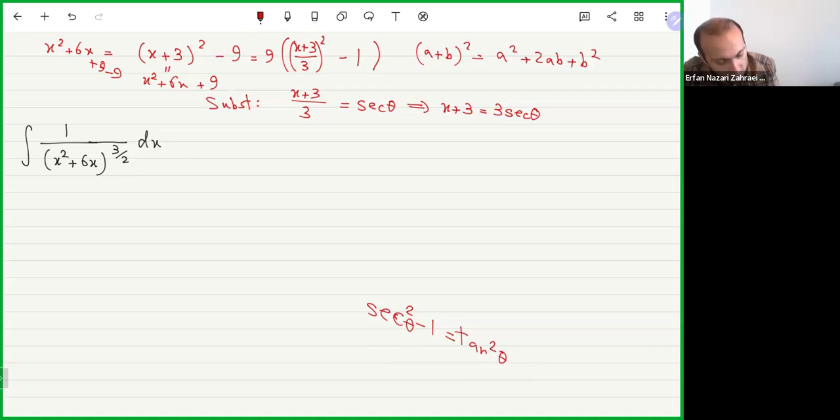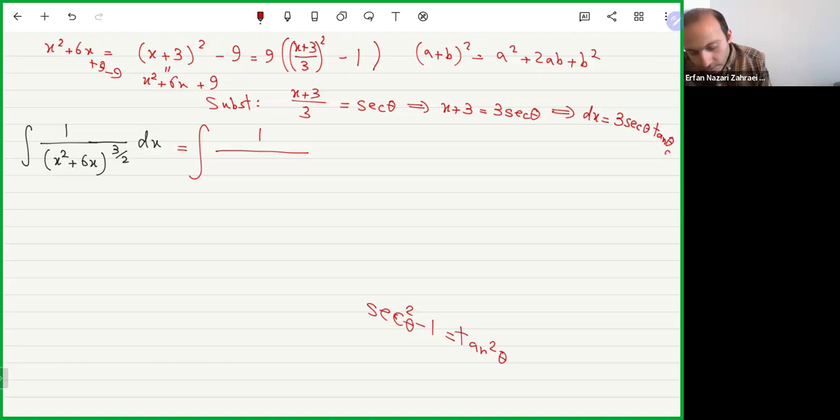Let's do this substitution. So I get first dx. If I take the derivative from this equation, or take the differential from this equation, dx equals the derivative of 3 secant, which is 3 secant tangent, and then d theta.